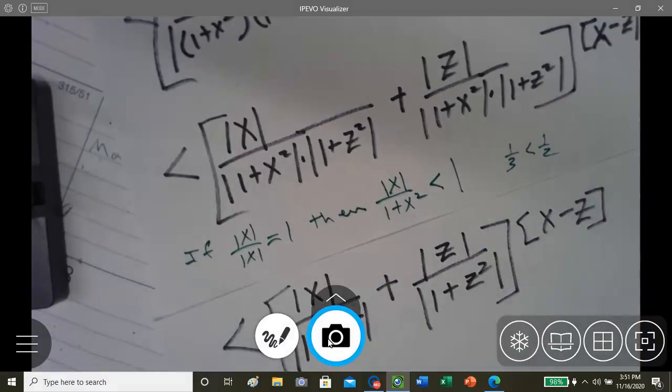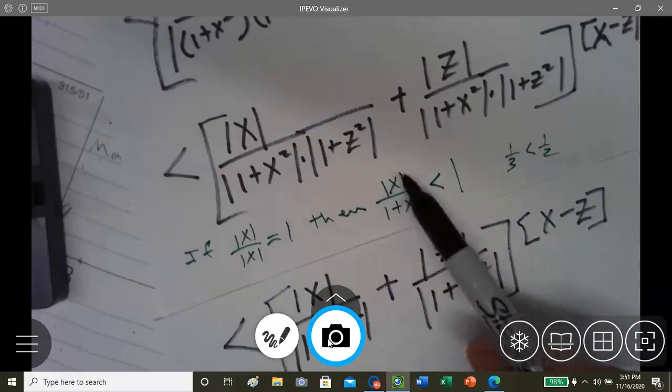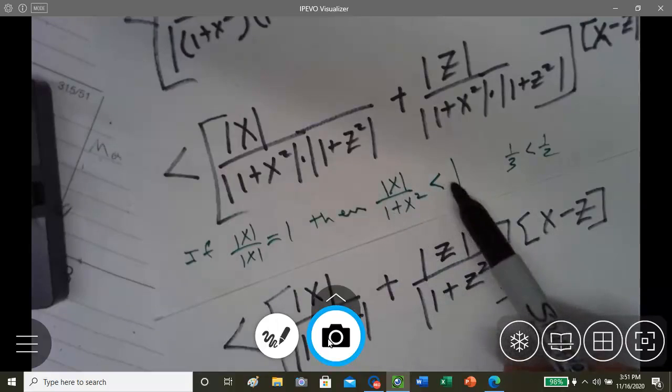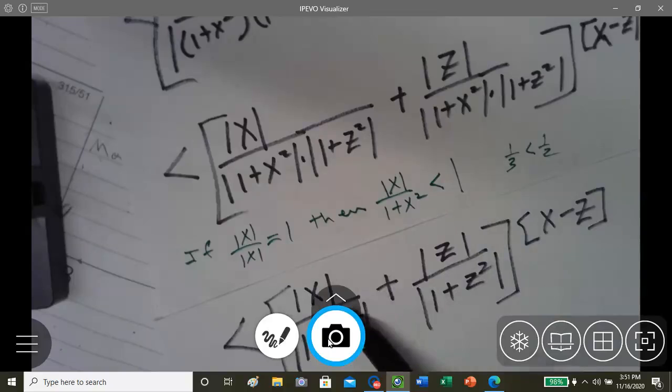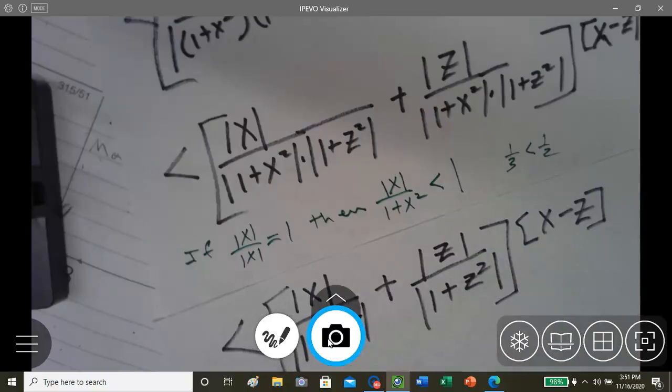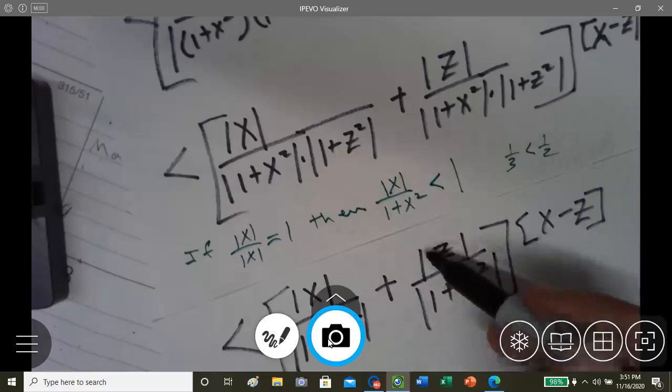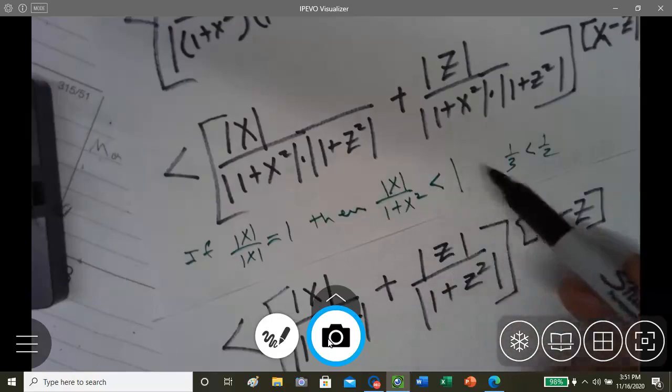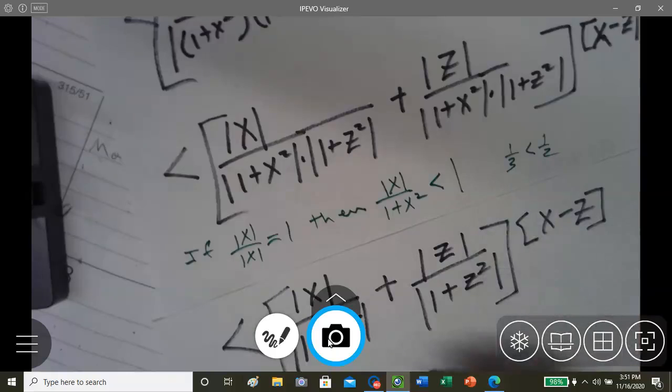Since x over 1 plus x squared is less than 1, this expression is less than 1, plus this is less than 1. If z over 1 plus z squared is less than 1, that's all going to be multiplied times x minus z.